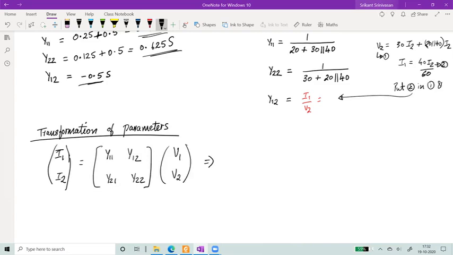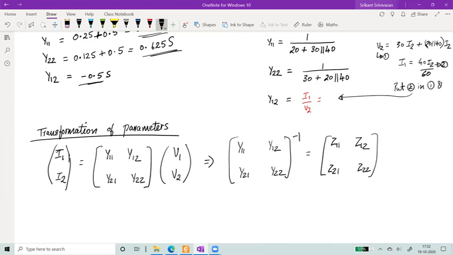That implies I can also say that the inverse of Y11, Y12, Y21, Y22 is equal to Z11, and so on. That's very much clear, right?